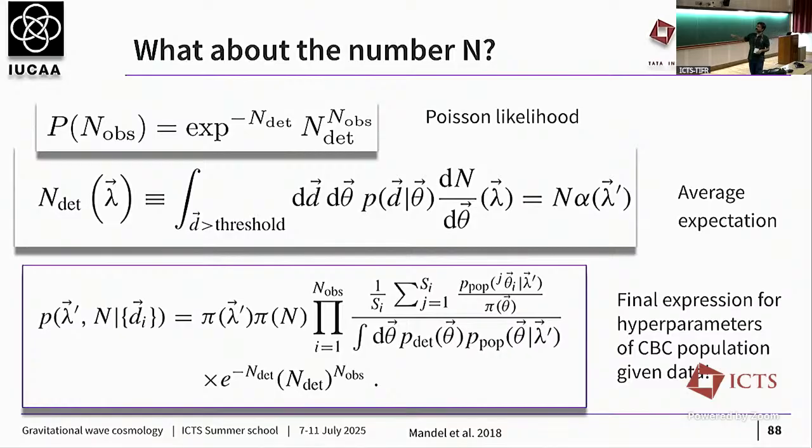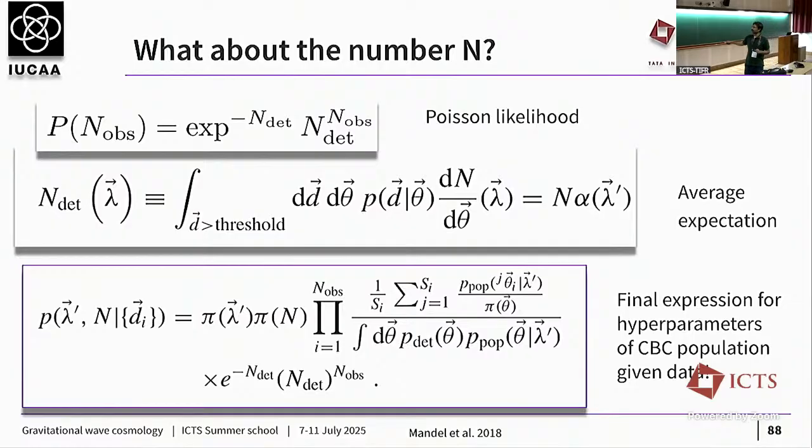And so then the final posterior distribution for the shape parameters as well as the amplitude parameters, given the gravitational wave data, will depend upon the prior on lambda prime, the prior on n, right? And then the likelihood that we had written, d_i given lambda prime, as well as what is n obs given the ndet, the mean number of detections that you expect.